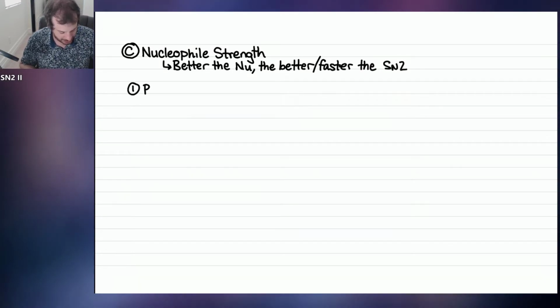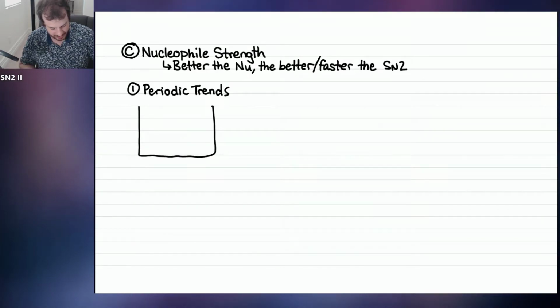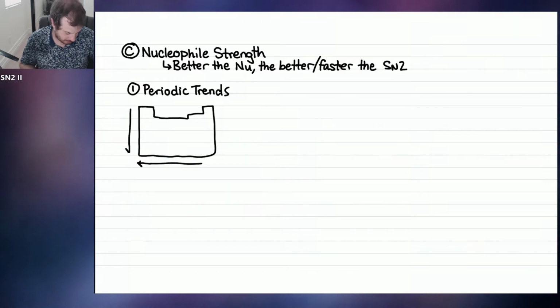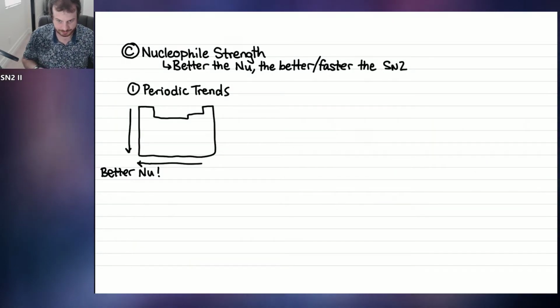So the first thing we want to look at is periodic trends. And so if you look at a sample periodic table, it looks kind of like this. The best nucleophiles are going to be down and to the left. So better nucleophiles down here. Okay.